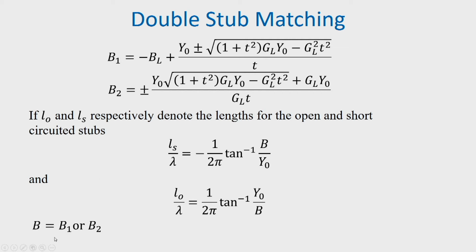Now, we get the solution for the short and open circuited stubs, their lengths in terms of lambda. We have seen the double stub matching analytically, and we have derived the closed form expression for computation of stub lengths. Let us now consider double stub matching using Smith chart.